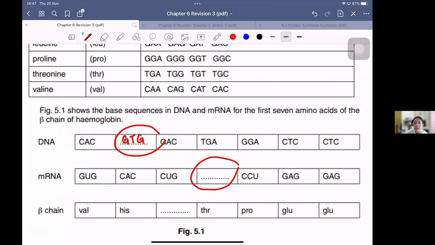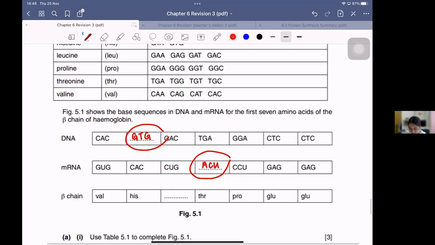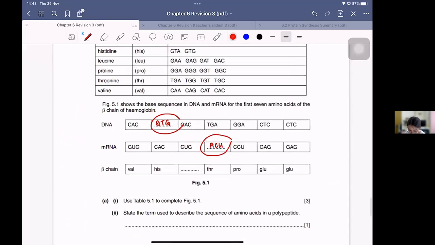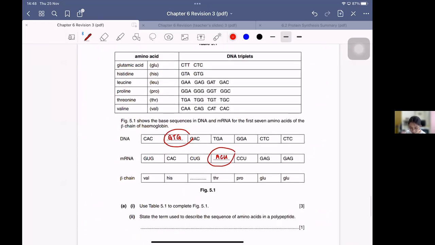So let's move on to the one over here. Does anyone want to try? Yeah, Johan got it. It's actually A, C, U. So for this beta chain over here, right?